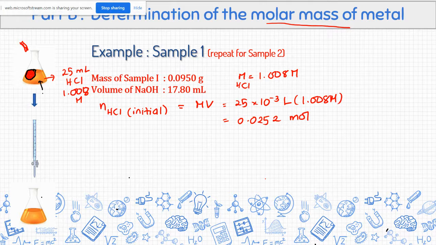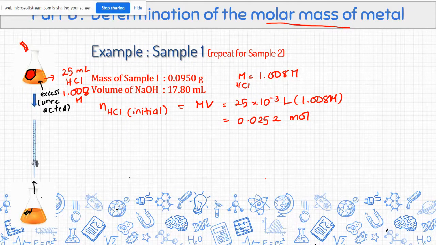Therefore, we still have HCl left. That means we have HCl in excess, the unreacted HCl, which was titrated with NaOH.